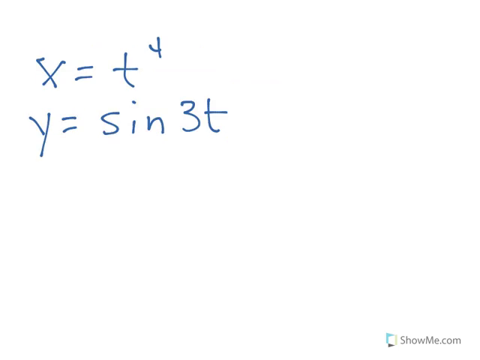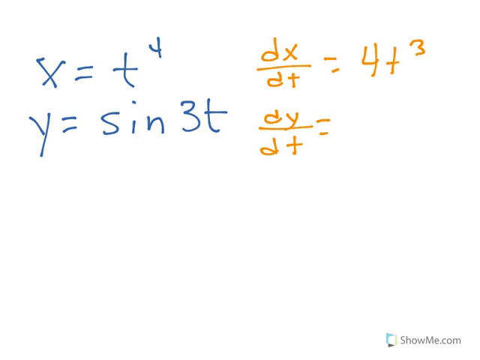Okay, we're asked to find dy/dx and d squared y over dx squared. You can't find them without first finding dx/dt and dy/dt. And those are straightforward derivatives. dx/dt is 4t to the third. dy/dt, derivative of sine of something, is cosine of something, times the derivative of the inside. Derivative of 3t is 3.